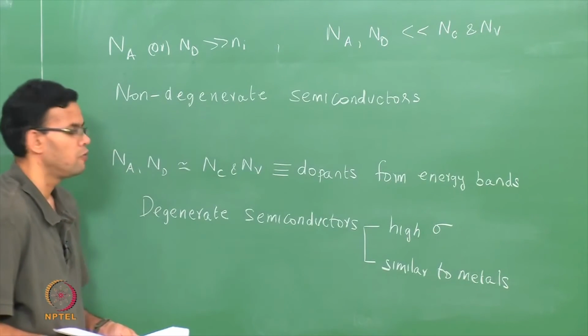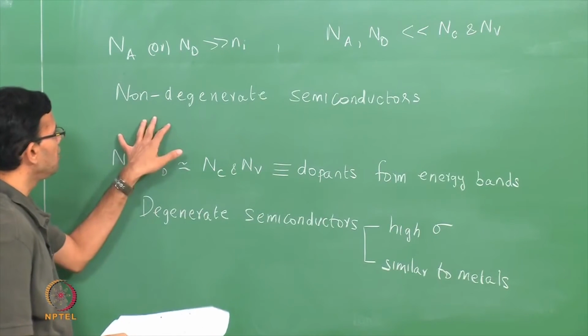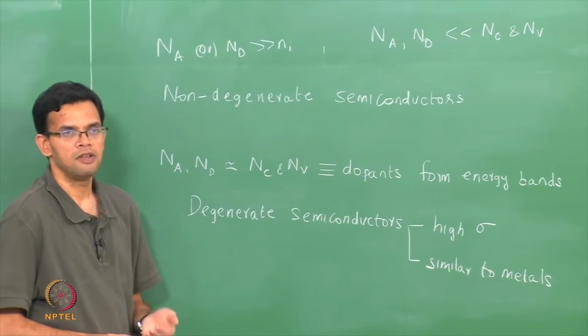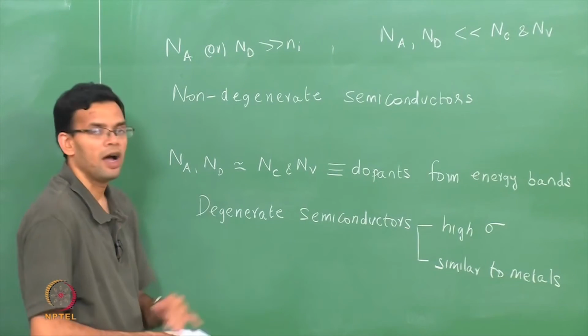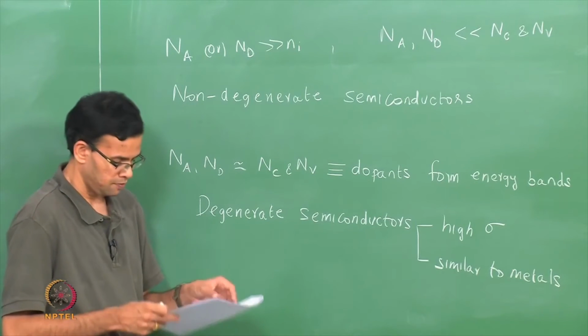For most of the devices that we discuss, we will essentially deal with non-degenerate semiconductors, but for some cases we will find that we can also have high doping and we will also have degenerate semiconductors.